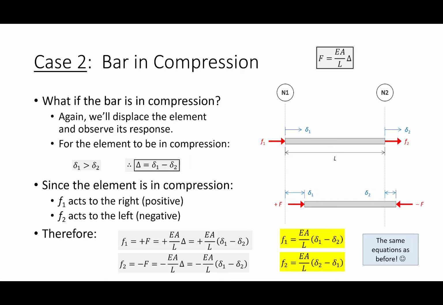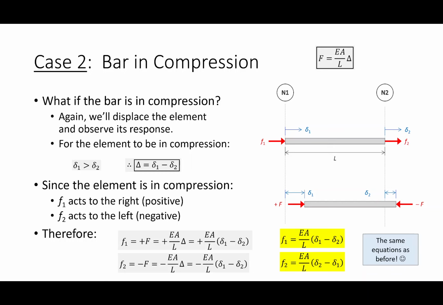And if I write this in matrix notation, I get the forces equals some matrix times the displacements. And what do I get? What goes here? K, minus K, minus K, K. Does that make sense? You see what I did there?